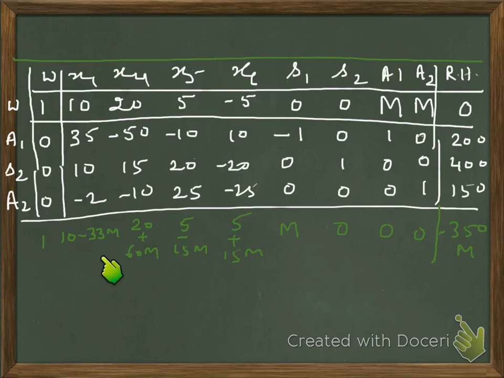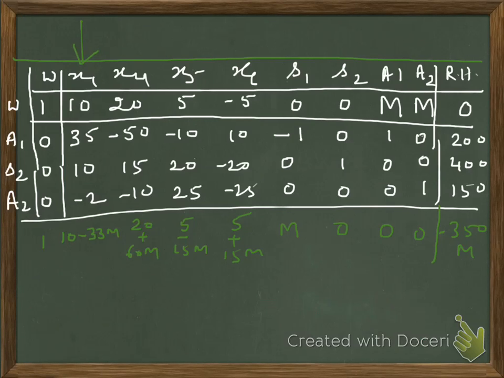So 10 minus 33m is more negative than 5 minus 15m. Actually 10 minus 33m will be more negative than even minus 50,000 minus 15m. The most important point will be the coefficient of m in that. So this is the entering variable, that is x1, with the 10 minus 33m coefficient.